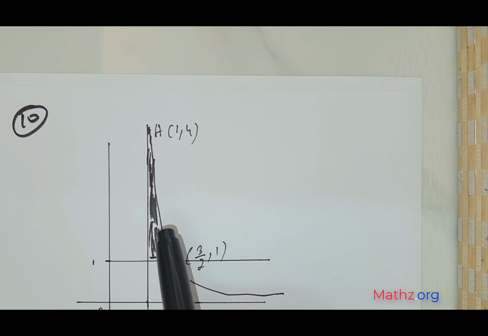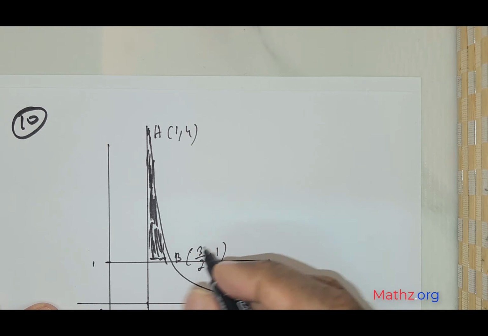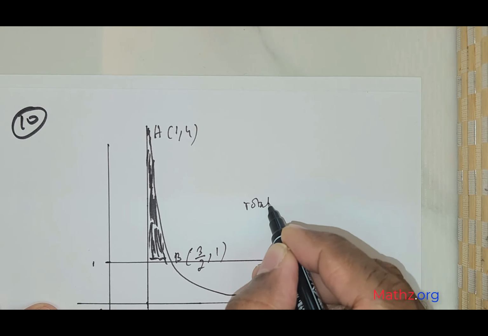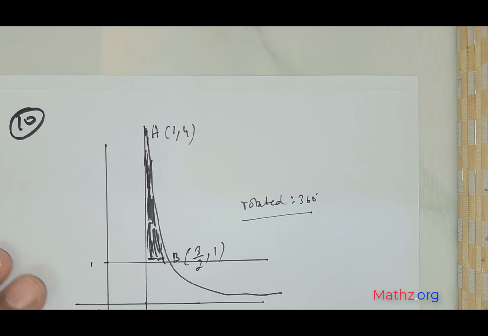So the requirement is, we are given this figure and we have to just find the volume generated when the shaded region is rotated about 360. So we are actually obtaining the volume of revolution.